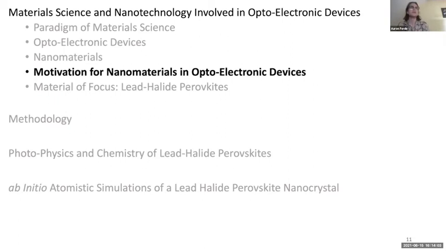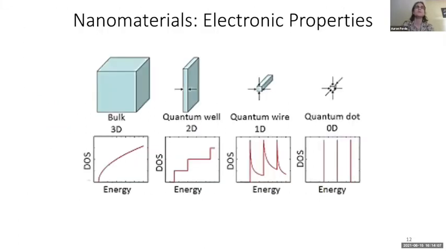And so you can make nanomaterials of various chemistries and try to incorporate them into optoelectronic devices. And the main reason that nanomaterials are popular for optoelectronics is that they have highly tunable electronic properties.